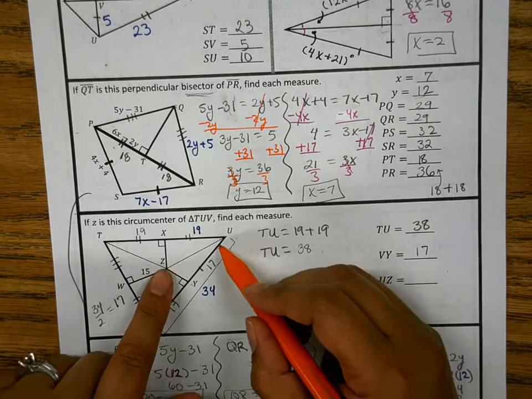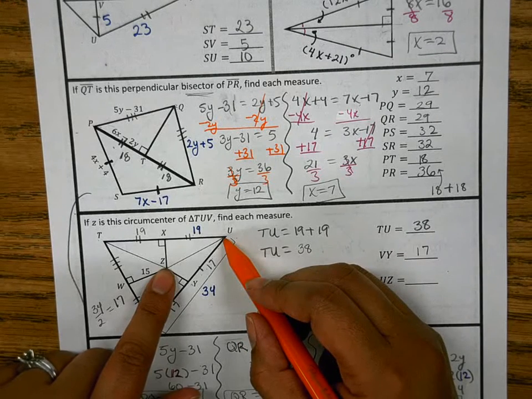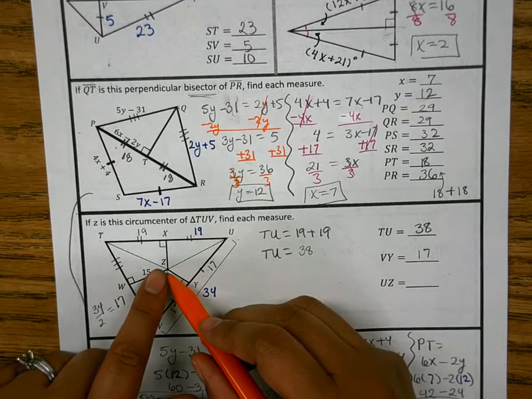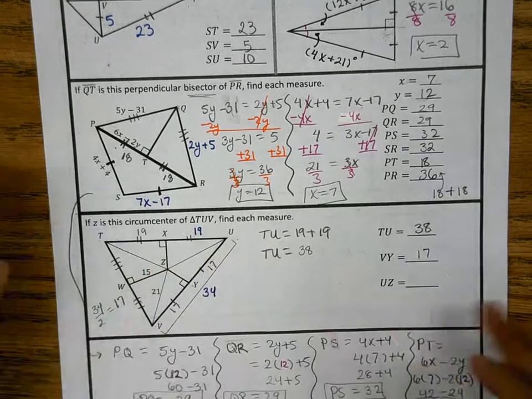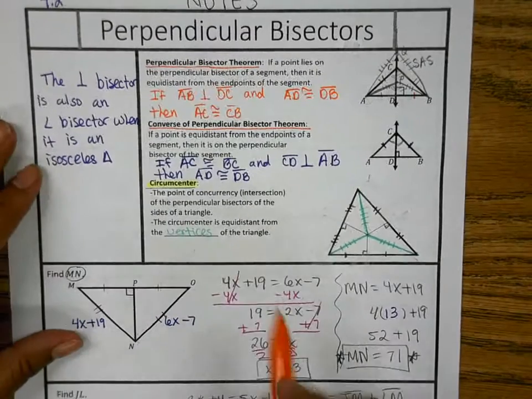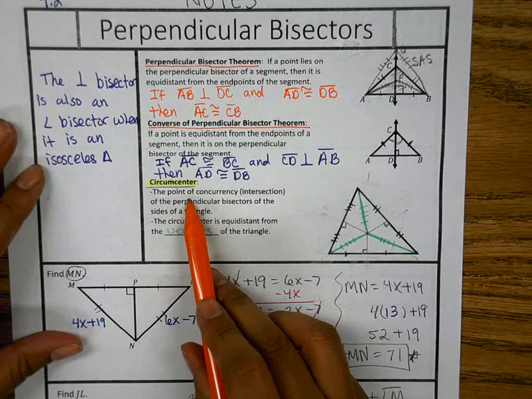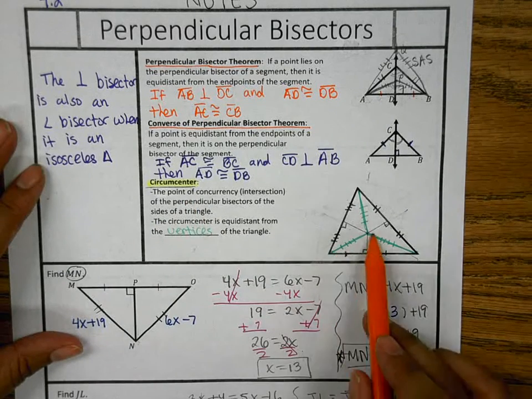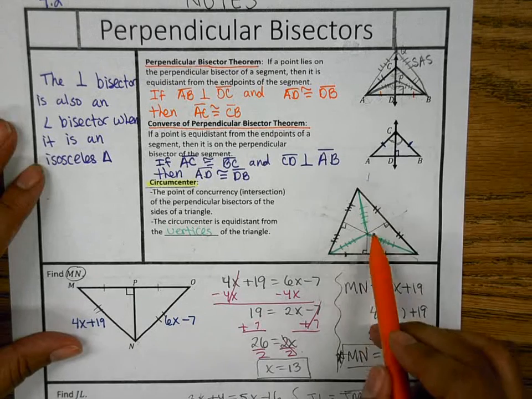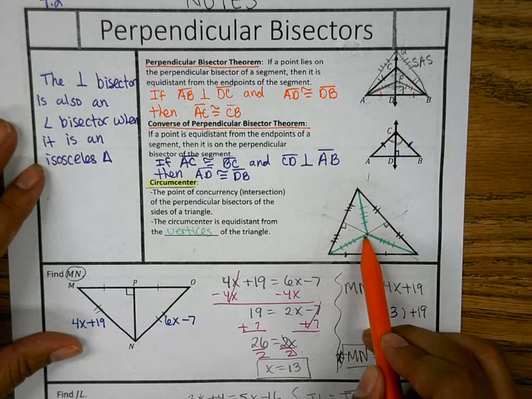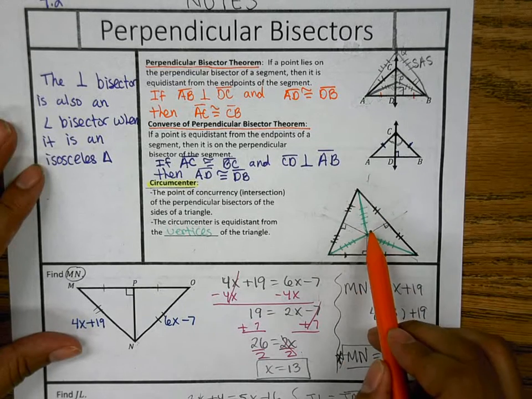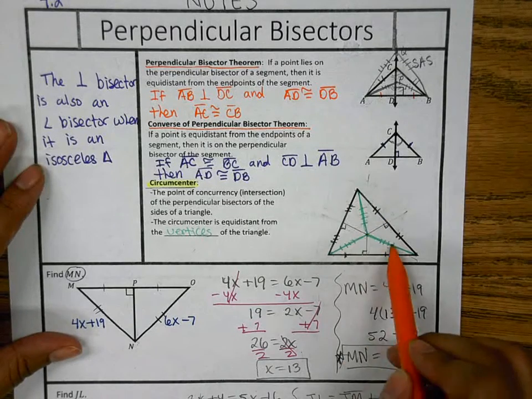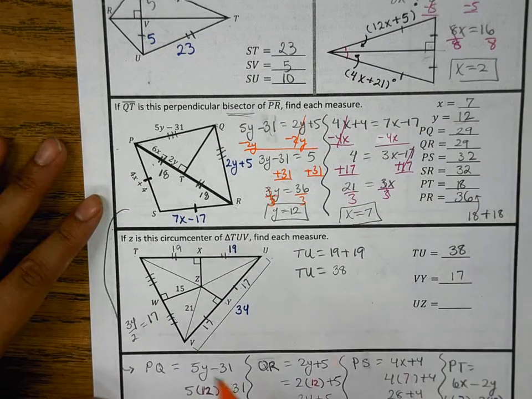All right, UZ, where is UZ? UZ is here. This is the segment from the circumcenter to the vertices. Now, what did we say earlier? The circumcenter is equidistant from the vertices of the triangle. So from the vertex to the circumcenter, vertex to the circumcenter, vertex to the circumcenter are all going to be the same.